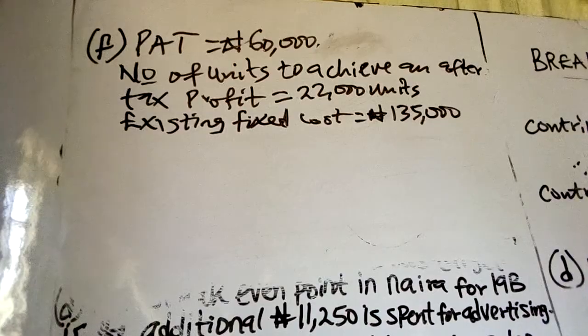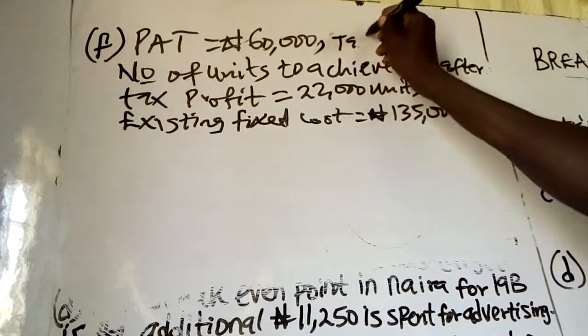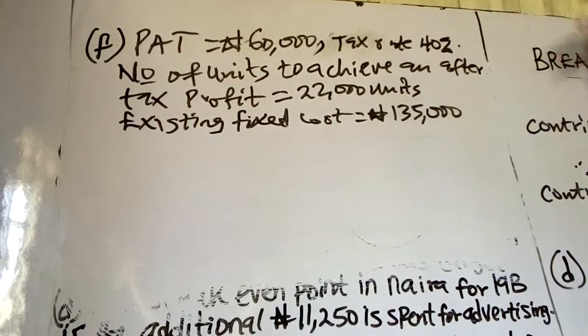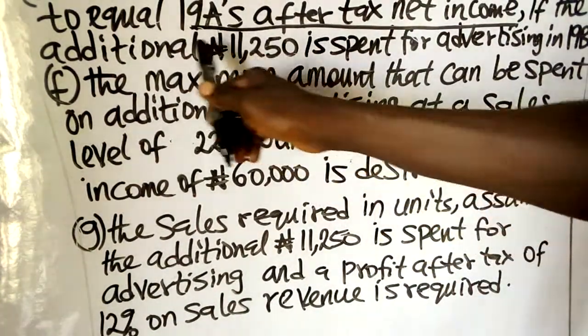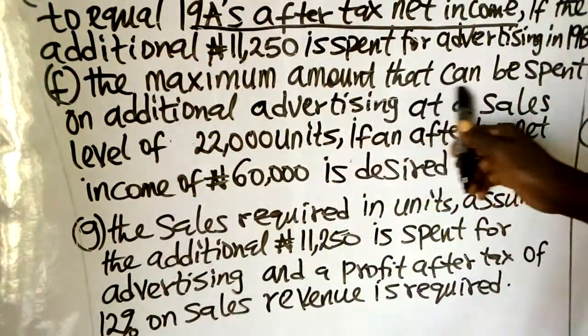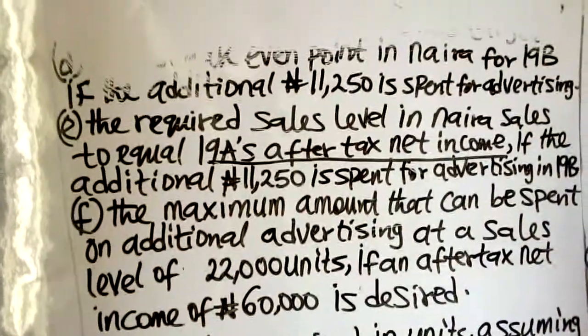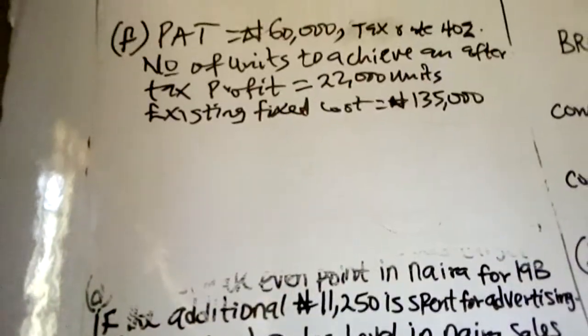Our tax rate still remains 40%. So you are to determine the maximum amount that can be spent on additional advertising. Let that amount be X.